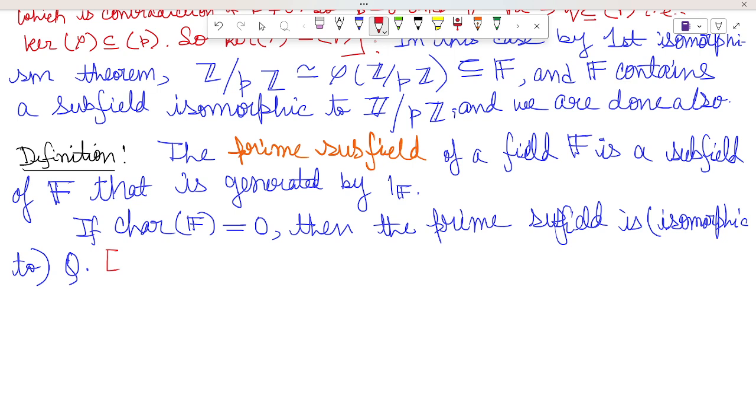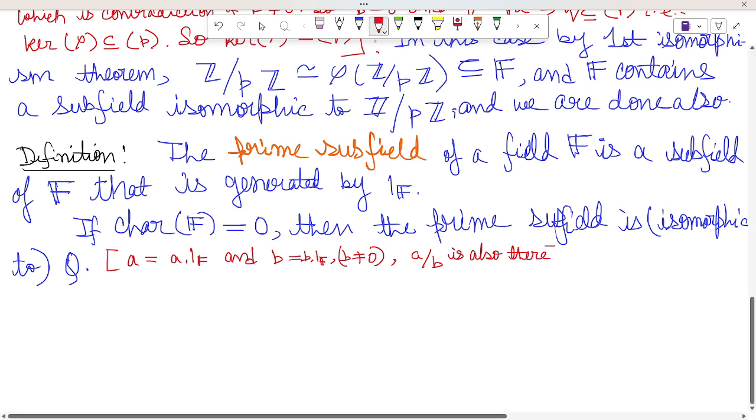So any integer A is A times one, and B also is B times one, with B non-zero. So it is a subfield, so I can divide them. Subfield means division is also permitted. So in this way you will get Q.